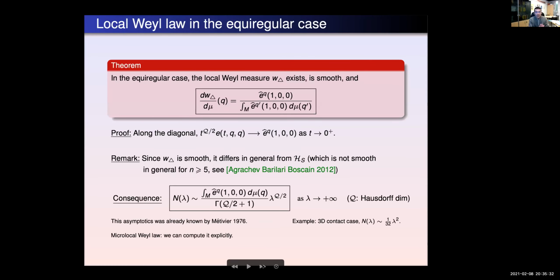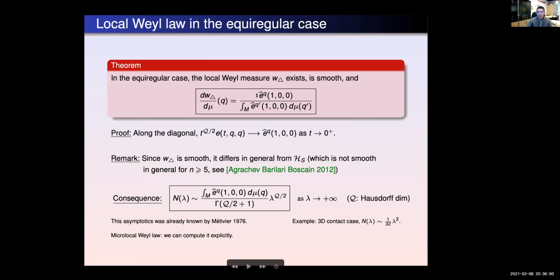So now, first, in the equiregular case, when the sub-Riemannian flag is everywhere regular, the local Weyl measure always exists. It is a smooth measure, and it is given exactly in terms of the nilpotentization of the heat kernel.